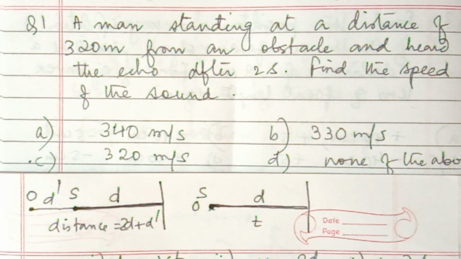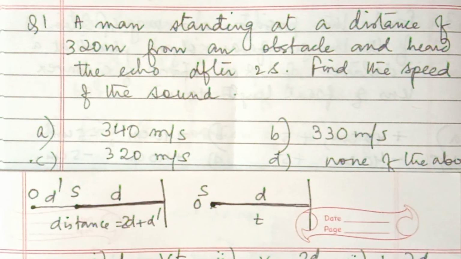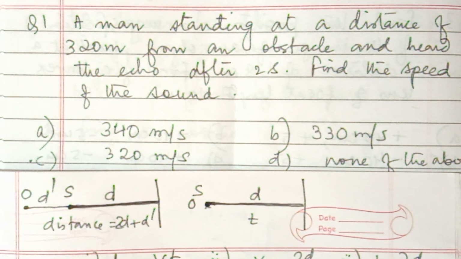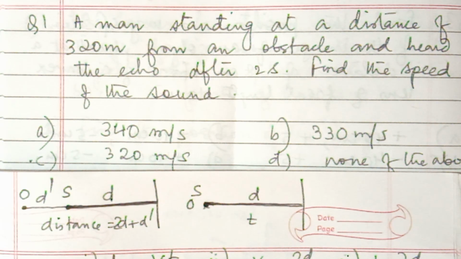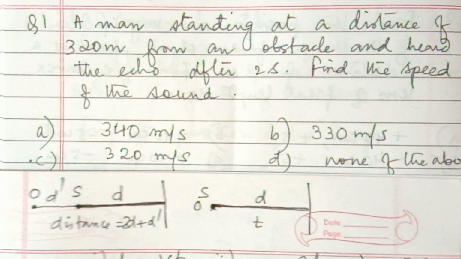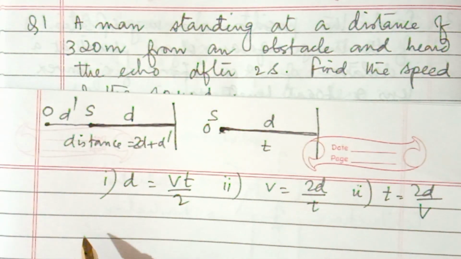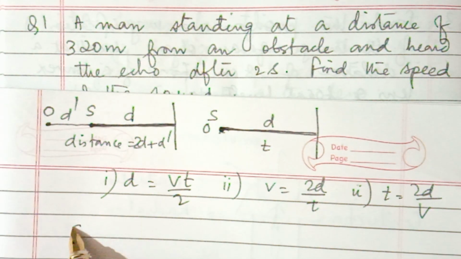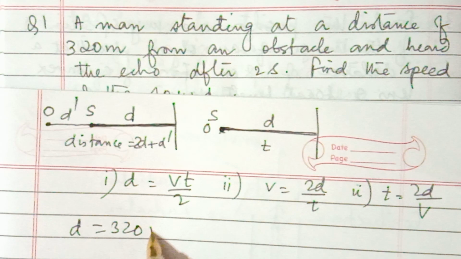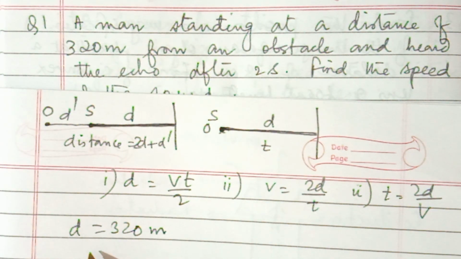Now, a man standing at a distance of 320 meter from an obstacle heard the echo after 2 seconds. So here, draw the information from the question. What is the information given? The distance is 320 meter and time is 2 seconds.